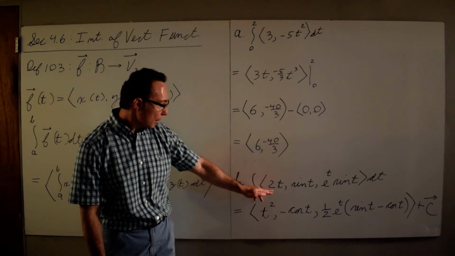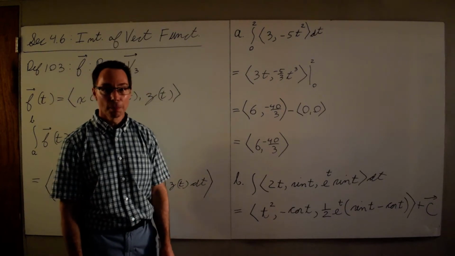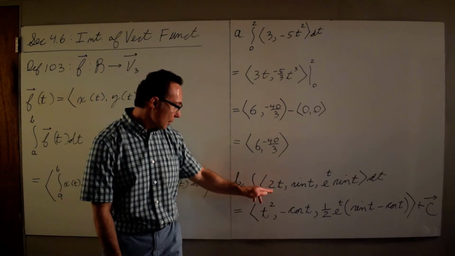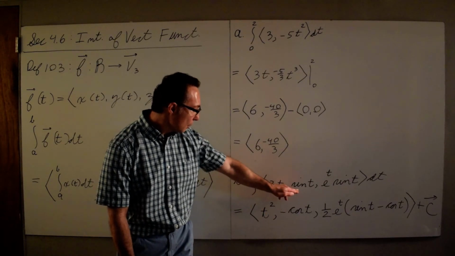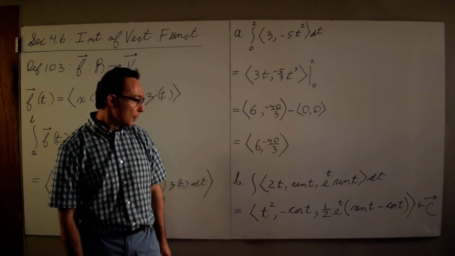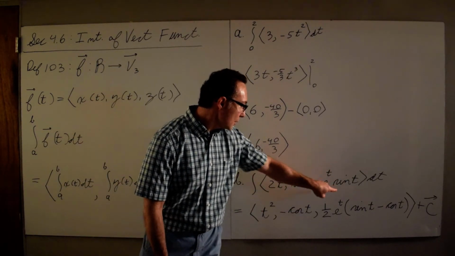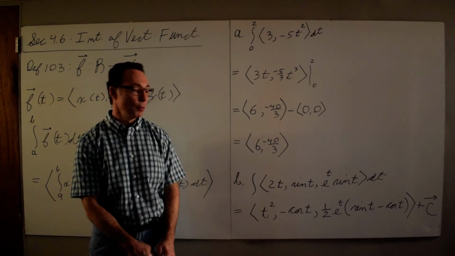So here we integrate 2t, sine t, e to the t sine t. Component-wise, the antiderivative of 2t is t squared. The antiderivative of sine of t is negative cosine of t. The antiderivative of e to the t times sine t was a fairly lengthy Calc 2 problem, if you recall.